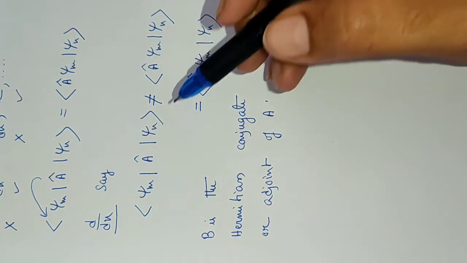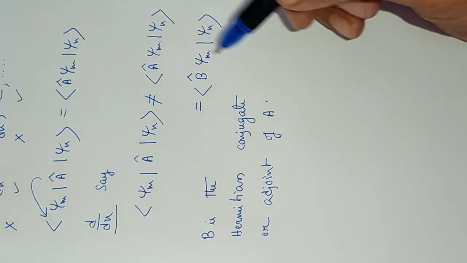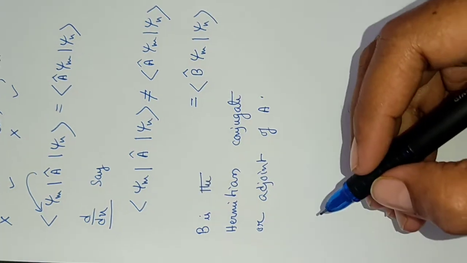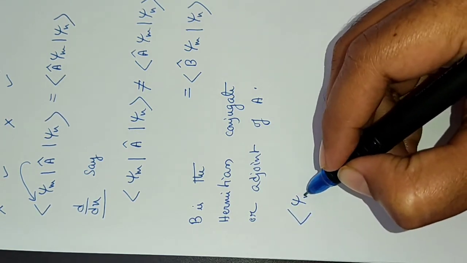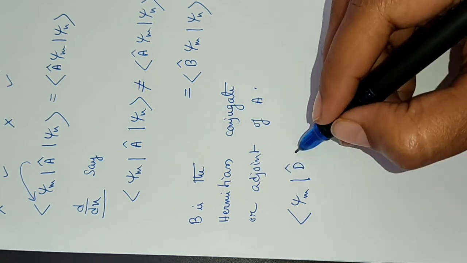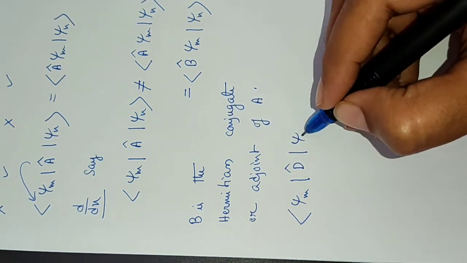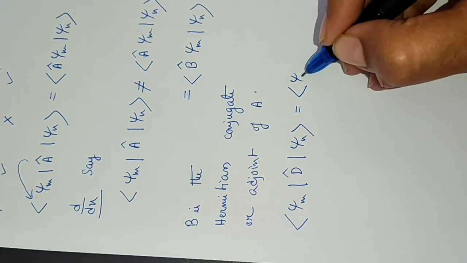If we find it non-Hermitian, then we can approach the Hermitian conjugate. So we start with the left hand side. This is the corresponding operator.